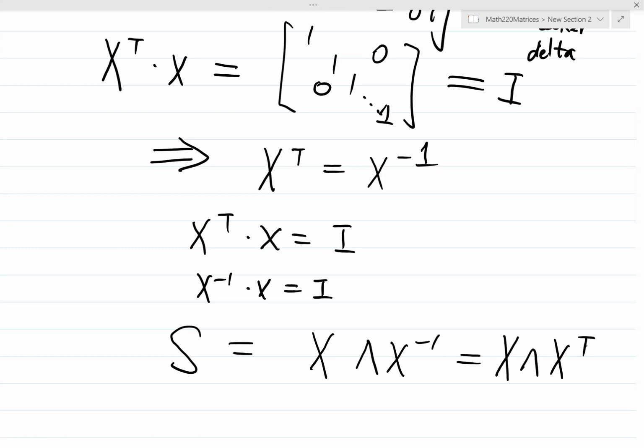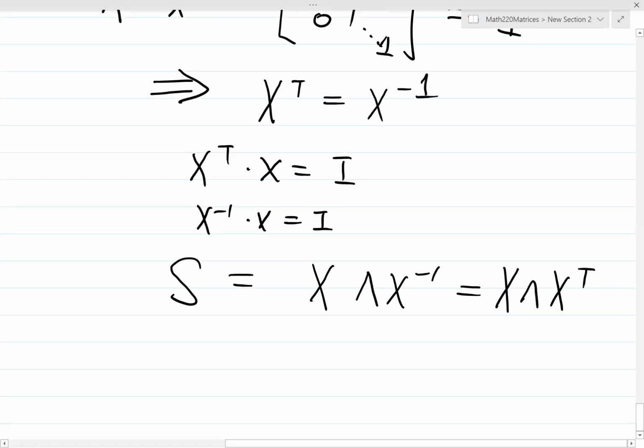Two matrices can be called congruent. We give a definition.